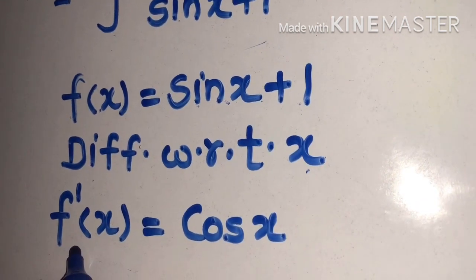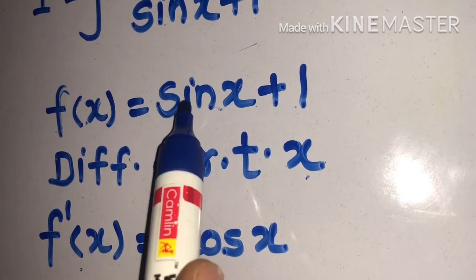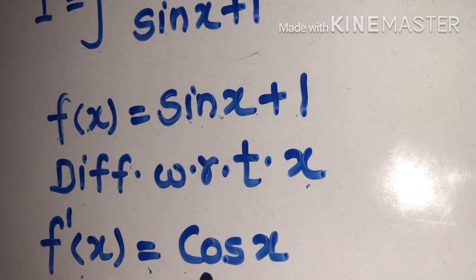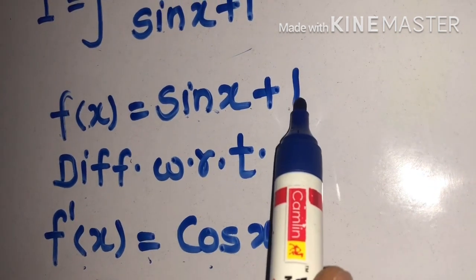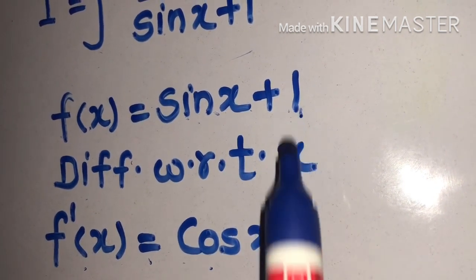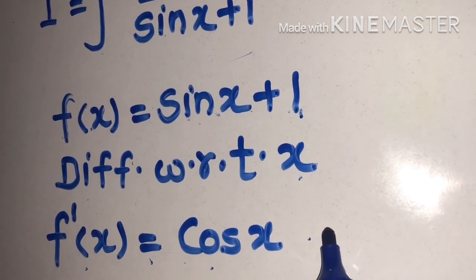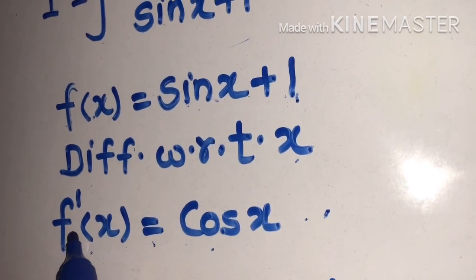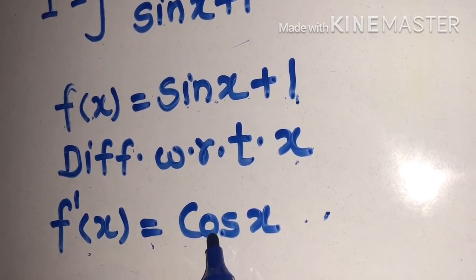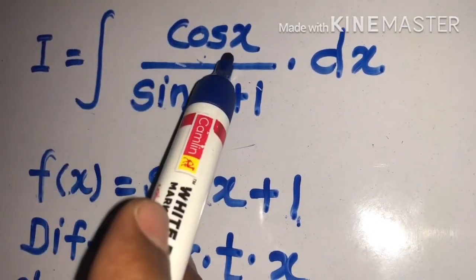We get the derivative of that function is equal to sin x has a derivative cos x, plus 1 is a constant, and that is why its derivative is 0, so no need of writing 0 here. What we got here is that the function has a derivative cos x, which is present in the numerator.